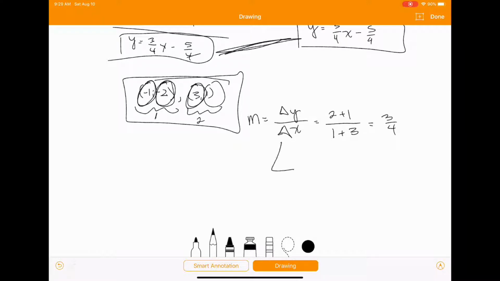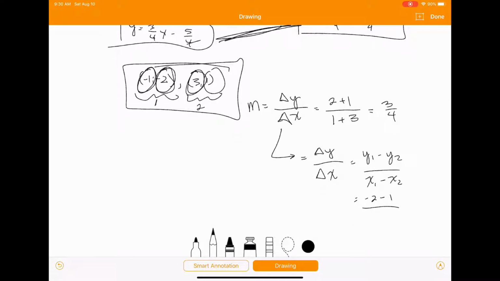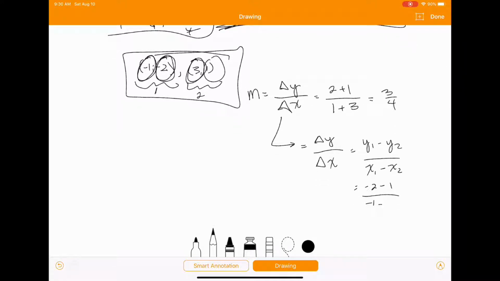So your delta y over delta x is going to equal y1 minus y2 over x1 minus x2. And again, just make sure you stay consistent. So if you have your ones first, keep them that way, and your 2 second, keep it that way on the bottom. All right, so here you'd end up with -2 minus 1 over -1 minus 3.